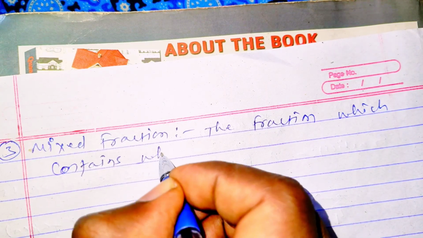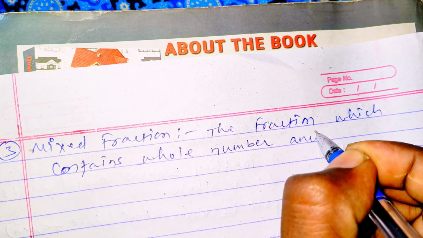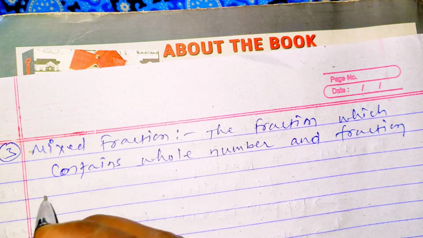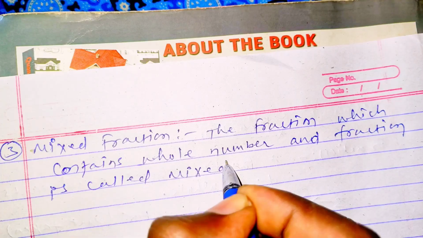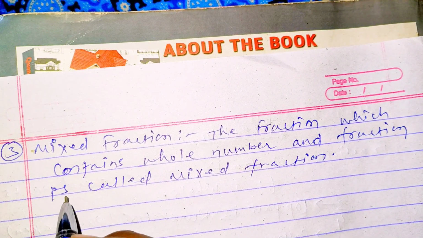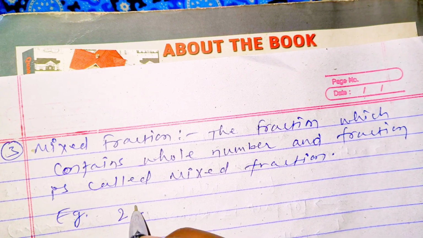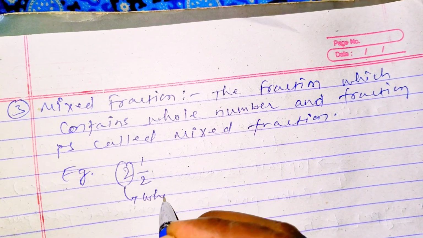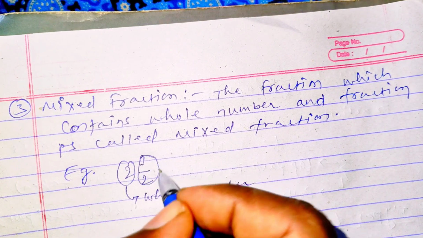Let's take an example: 2 and 1 by 2. Here 2 is the whole number and 1 by 2 is a fraction.